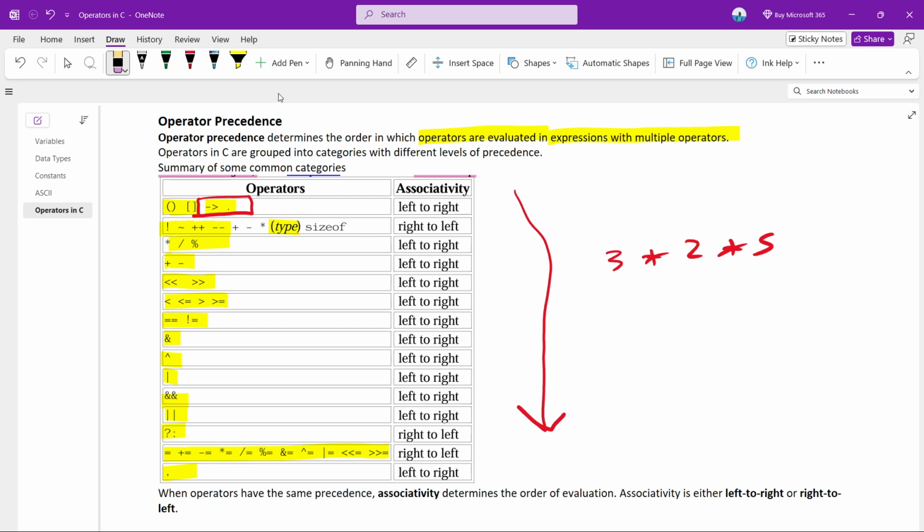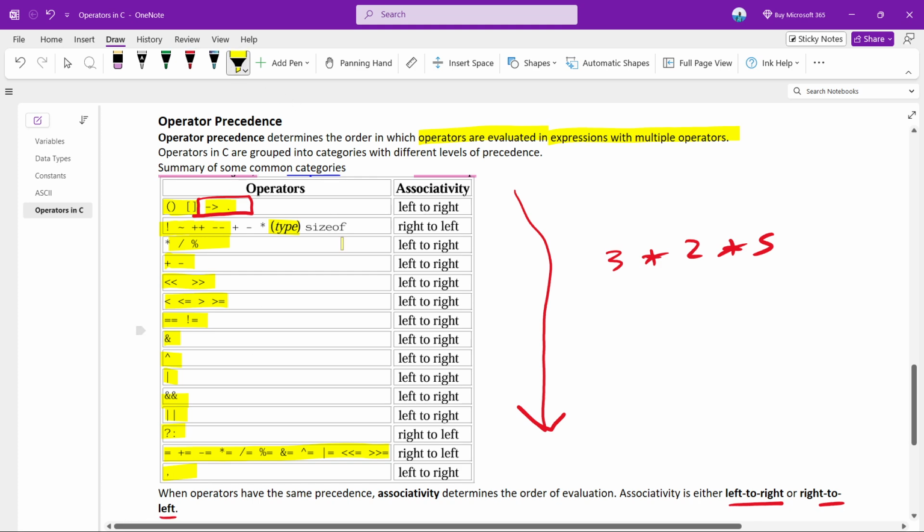In programming, the associativity is either from left to right or right to left. That is, the operations will either be performed left to right or right to left. In the case of multiplication and division, as we can see in the table, the associativity is from left to right. That is, 3 will first be multiplied by 2, which will give me 6, and that result will be multiplied by 5, which will give me 30. That is from left to right.